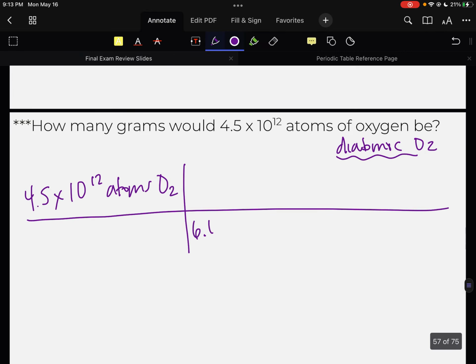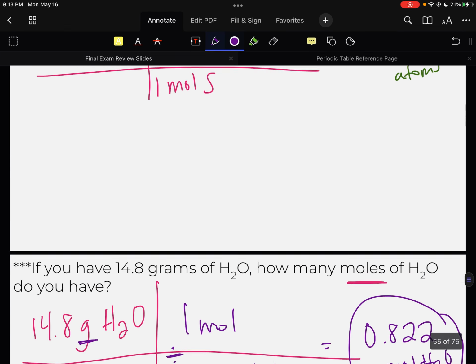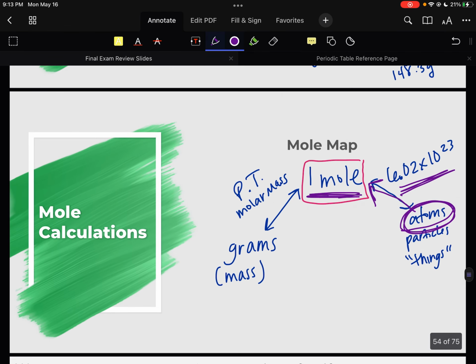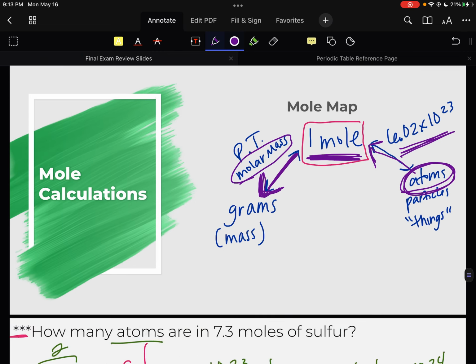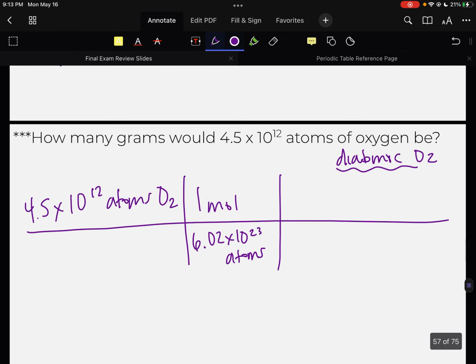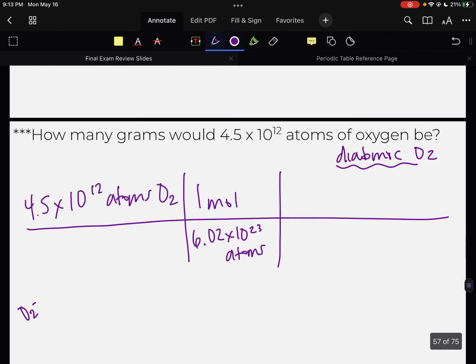So we'll say 6.02 times 10 to the 23rd atoms. And again, that's always 1 mole. Okay, always 1 mole. So now we're at mole. Now we're going to go this way to our grams, and we're going to use our molar mass. So if my molar mass of oxygen of O2, there's 2 oxygens, so that's 16 times 2, 32 grams.